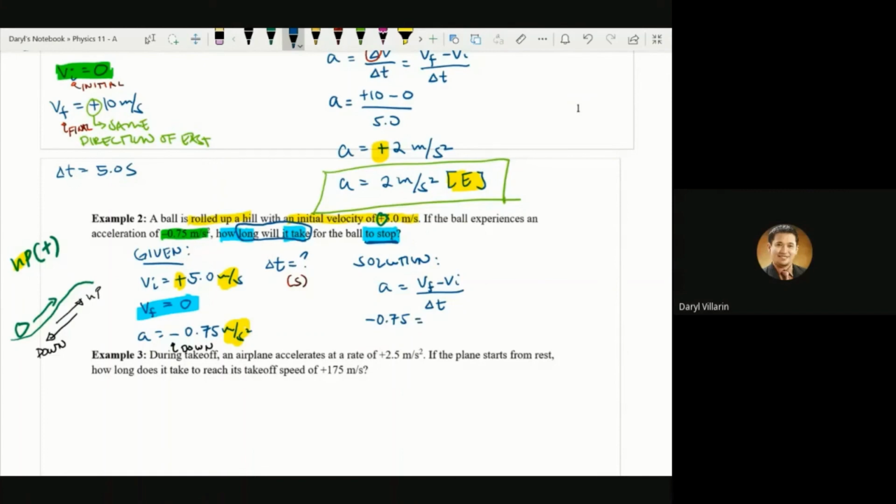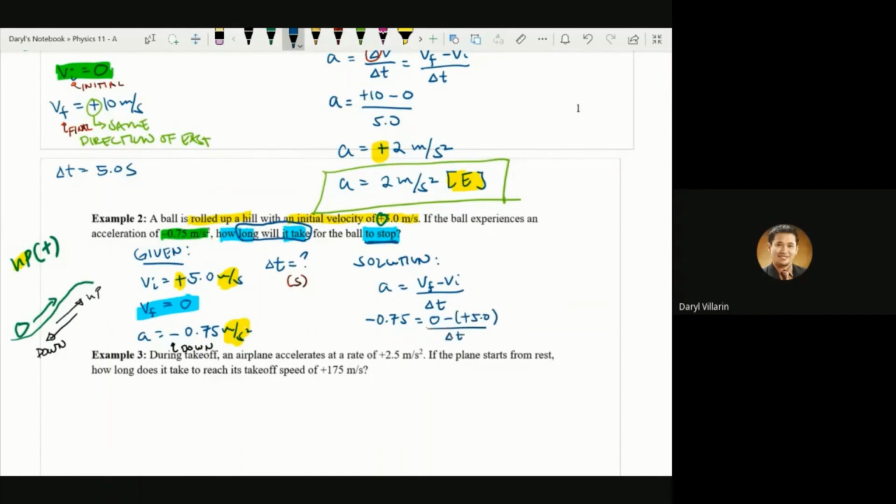Since acceleration is in meters per second squared and velocity is in meters per second, I should expect that when I solve for time, automatically it gives me seconds. So now just place the values that I have. VF is 0, and this is minus the positive of 5.0 all over delta t.